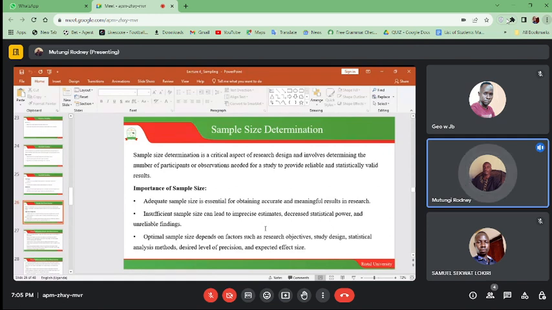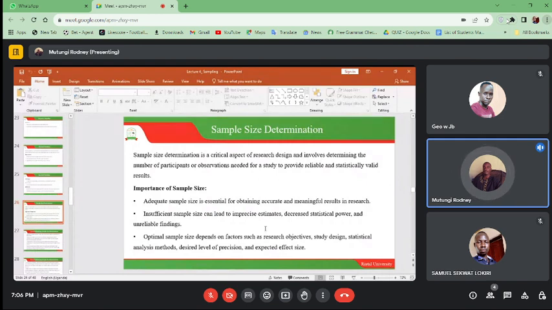Okay, so the importance of a sample size is that it is very essential in obtaining accurate and meaningful results. We also recognize that insufficient samples can lead to imprecise estimates, can decrease statistical power, and you also get unreliable findings.